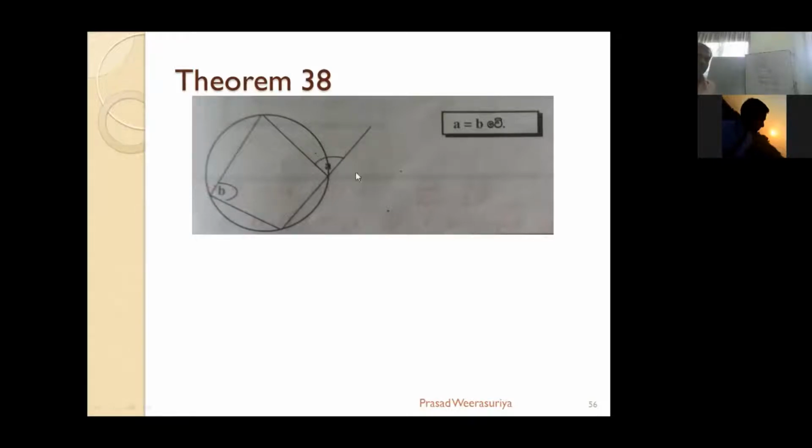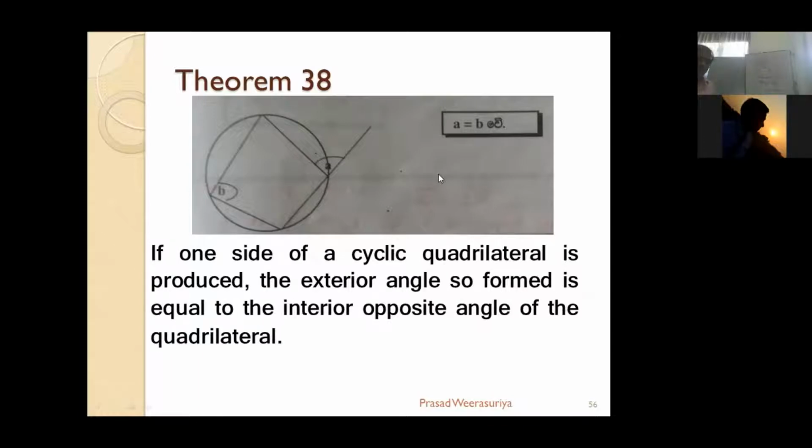A equals B. Okay. Shall we write down then this theorem? If one side of a cyclic quadrilateral is produced, the exterior angle so formed is equal to the interior opposite angle of the quadrilateral.